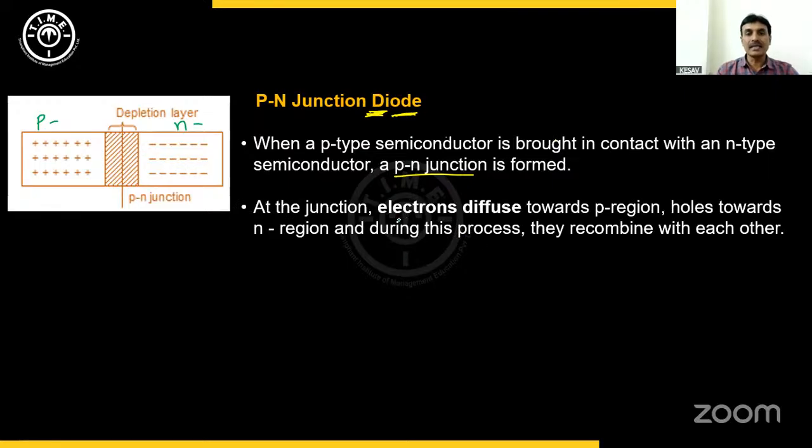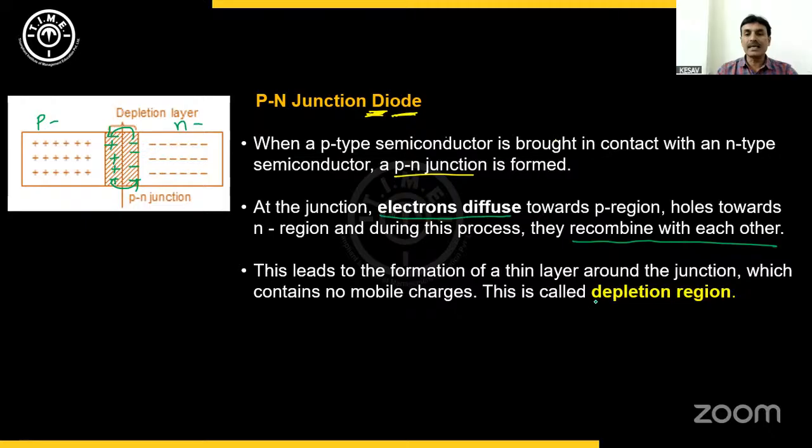So at the junction, electrons diffuse towards the P region. These are the electrons. They move towards the P region, and the holes on the left side move towards the N region, and they recombine with each other. Because of this recombination, a depletion region is formed.